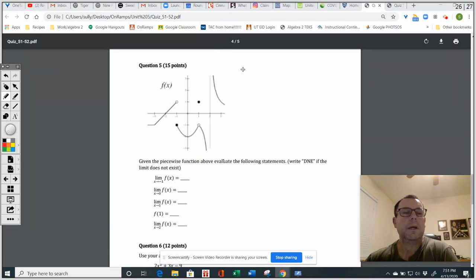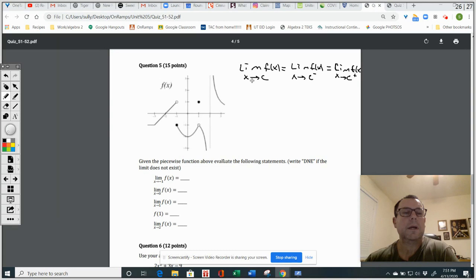For the limit of f of x as x approaches c to exist, we have to have the limit as x approaches c from the left, and that limit has to be the same as the limit of f of x as x approaches c from the right.